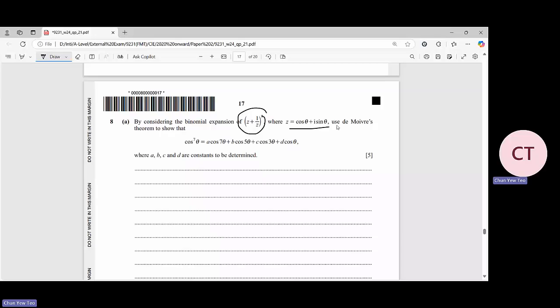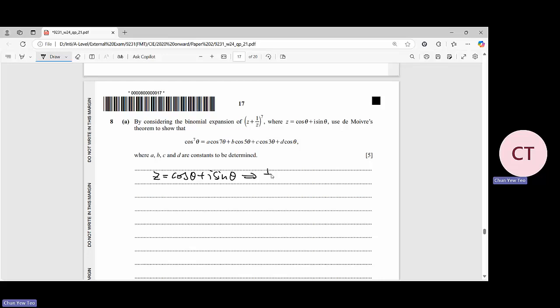The binomial expansion where z is equal to cos theta plus i sine theta. Show, by using De Moivre's theorem, that this relationship is true, where A, B, C, D are the values to be determined. So what we can do is define that z is equal to cos theta plus i sine theta.